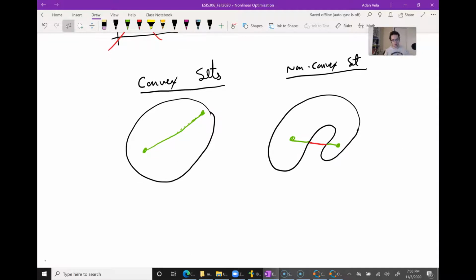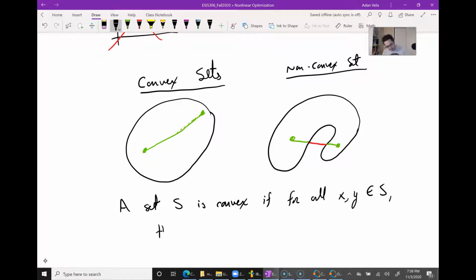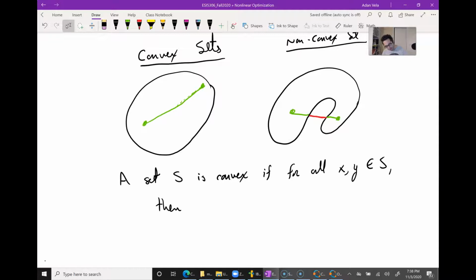So we could write this quickly by saying a set S is convex if for all x and y in the set, then alpha times x plus 1 minus alpha times y is also in the set for all alpha between 0 and 1.